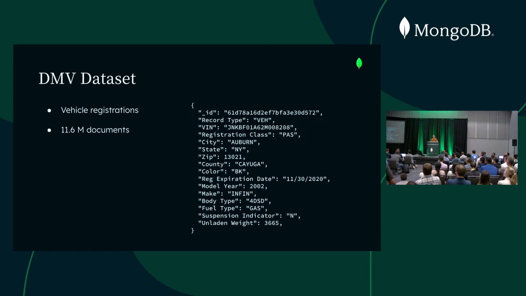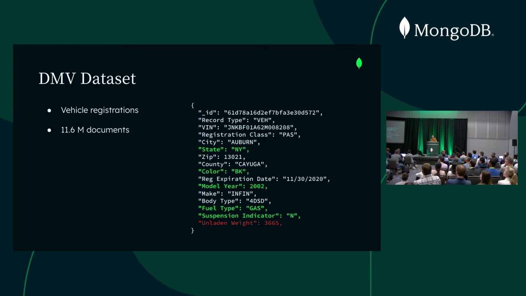Okay, so that was a lot of theory, but I wanted to explain why this principle works. And now I'm going to show you concretely on a data set what that looks like in action. So here I have the DMV dataset. That's vehicle registrations in the US. It's 11.6 million documents in this particular case. I chose that dataset because it's fairly large, and we can actually see the performance differences quite nicely.